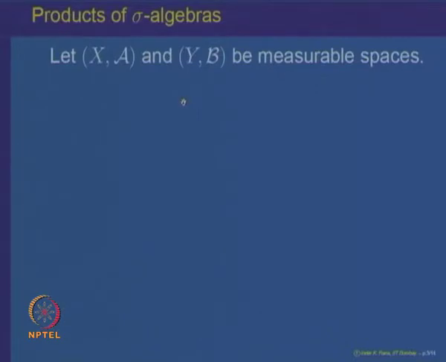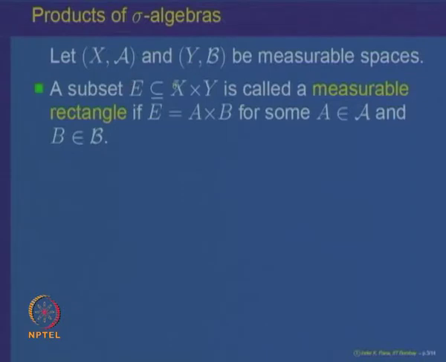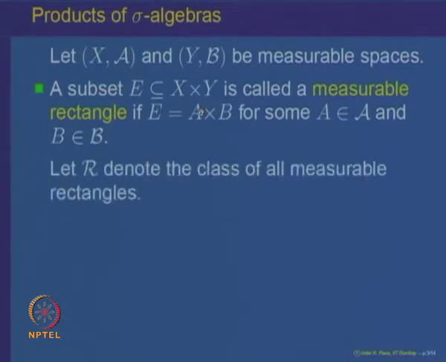Then a subset E of the product space X cross Y is called a measurable rectangle if it looks like A cross B, where A belongs to the sigma algebra A and B belongs to the sigma algebra B. The collection of all measurable rectangles, or just called rectangles, will be denoted by the set R. So, the set R denotes the class of all measurable rectangles, which are subsets of X cross Y, and each subset is of the type A cross B, where A is in the sigma algebra A and B is in the sigma algebra B.